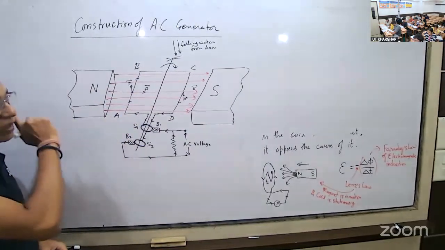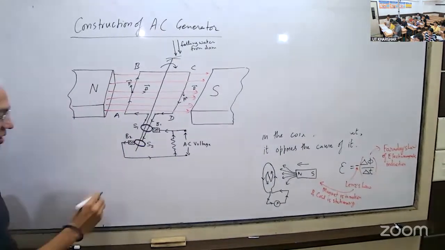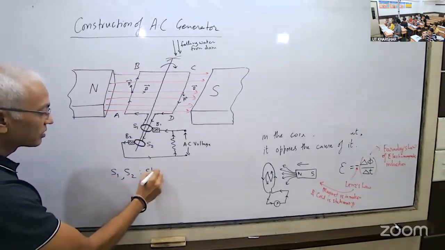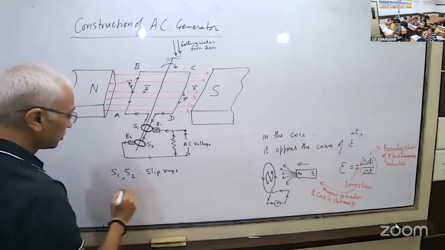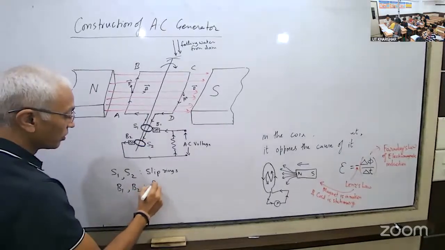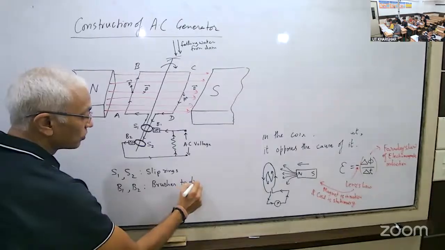So what happens after 180 degrees? So what is S1 and S2? These are slip rings. To draw.